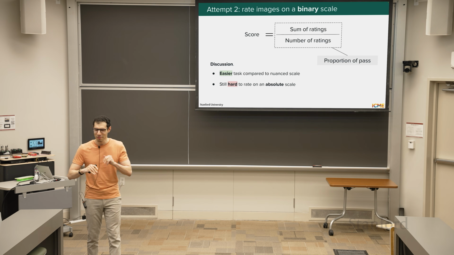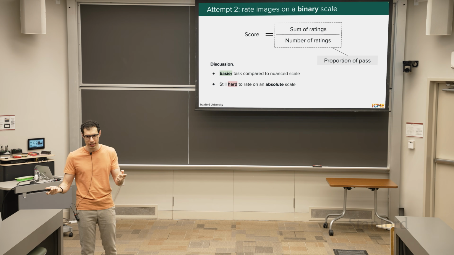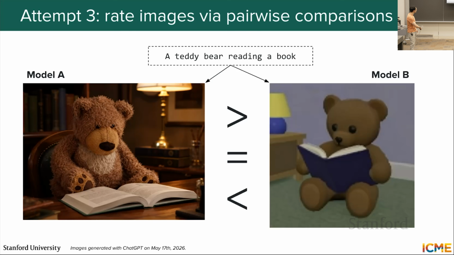So for that reason, I want to propose a third method of going about doing this, which is trying to rate those images by comparing them to some other images. So here it's the pairwise comparison setting.